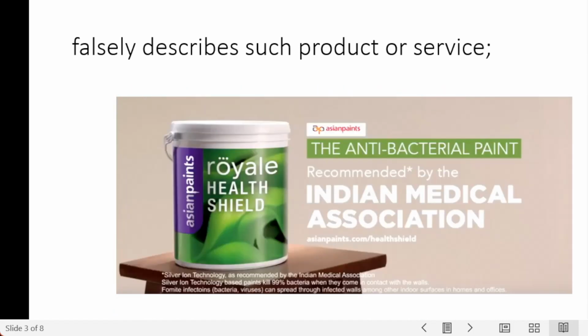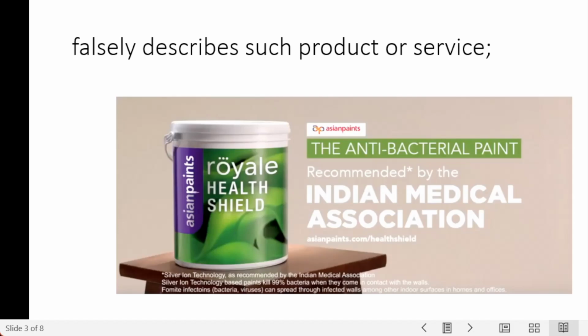Now here is another interesting advertisement where the company is claiming that it's an antibacterial paint recommended by the Indian Medical Association. But again, please remember, it is not related to description, it is relating to the process in which the paint is made. There is a star to the word recommended.